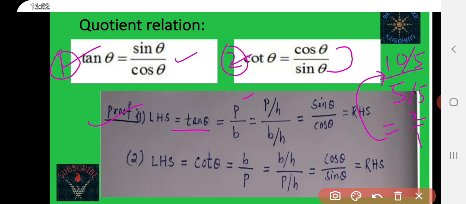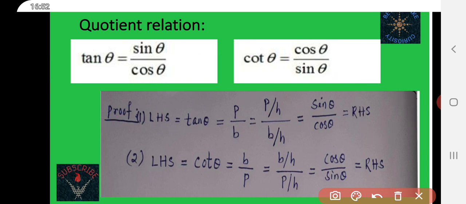Similarly, here also we divide P and B by H. You divide numerator as well as denominator by H. Then you get P by H over B by H. And you know P by H is your sin theta and B by H is your cos theta. So the answer is sin theta by cos theta, which is RHS. So the first one is proved.